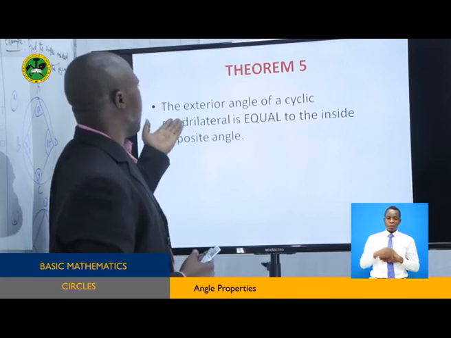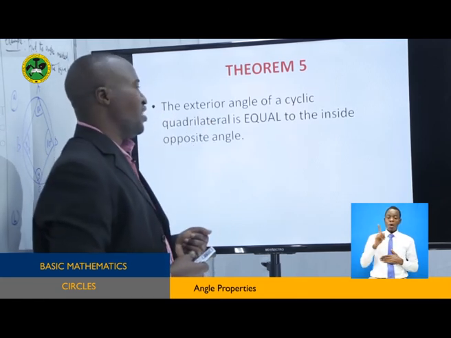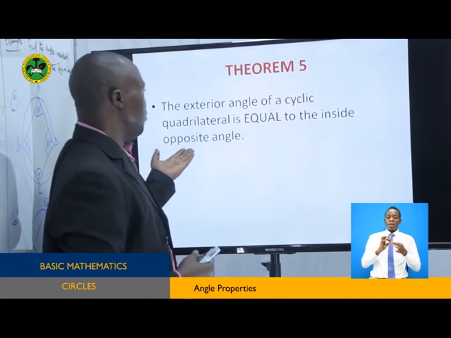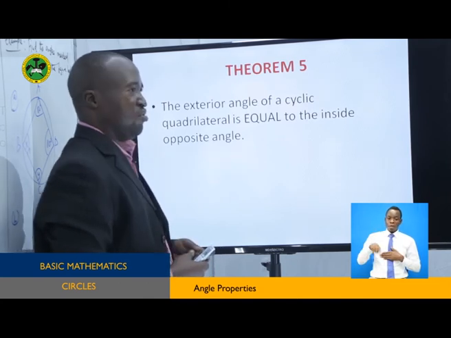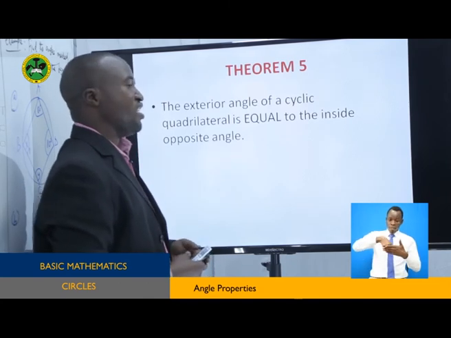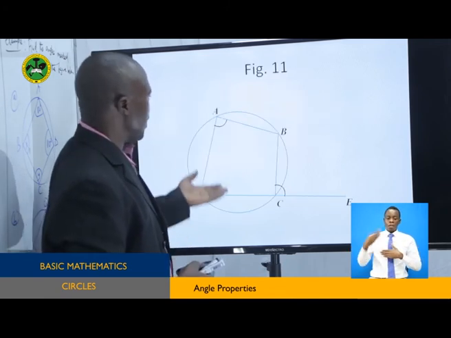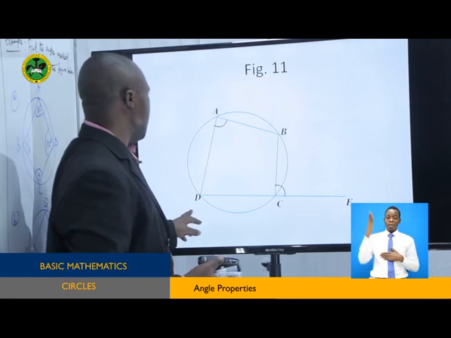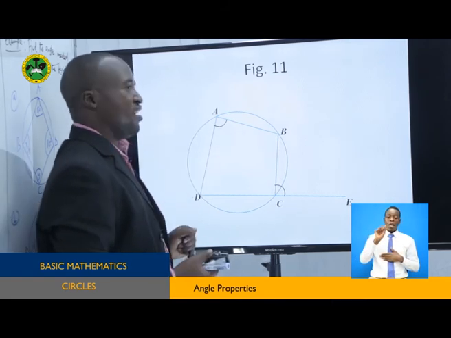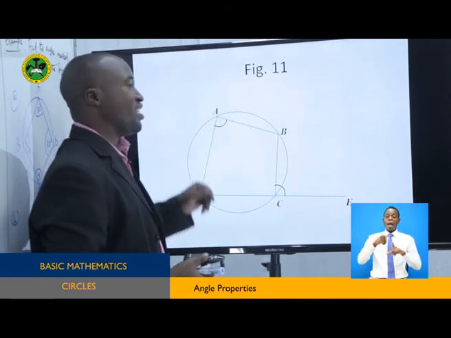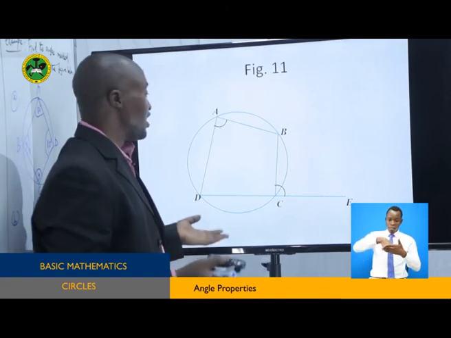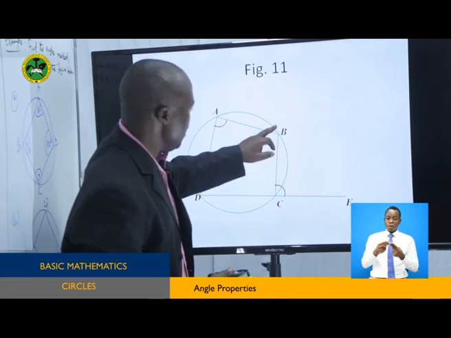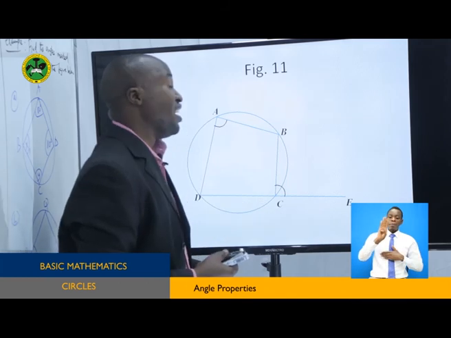The first one is the exterior angle, and the second one is the inside opposite angle. As you can see in this circle, that is DAB, the angle inside the cyclic quadrilateral, is the same as angle BCE, which is the exterior angle.